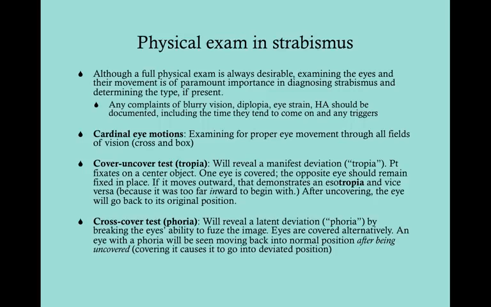And so if you cover the left eye, and the right eye is moving, then that's considered abnormal. If the eye moves outward, then that's considered an esotropia. Well, I thought outward is exo. What's happening here is that the eye is moving into an appropriate position for fixating. And so if the eye is too far inward to begin with, it's going to move laterally.